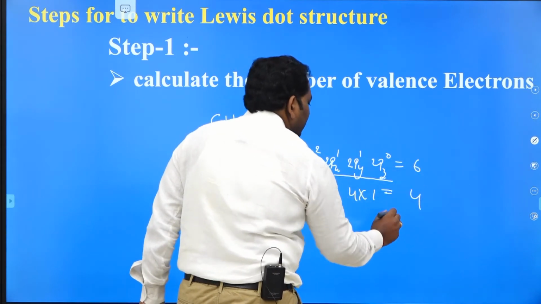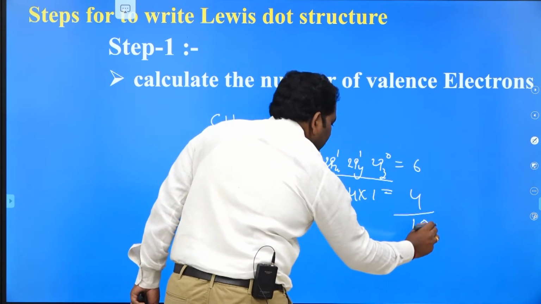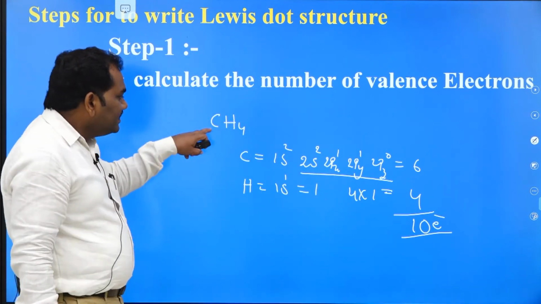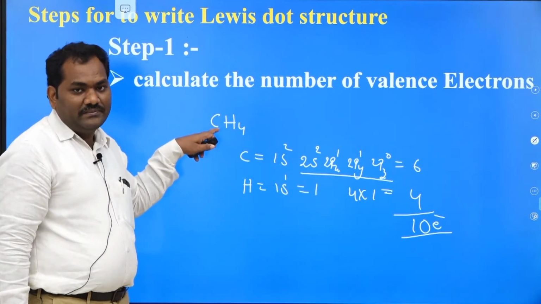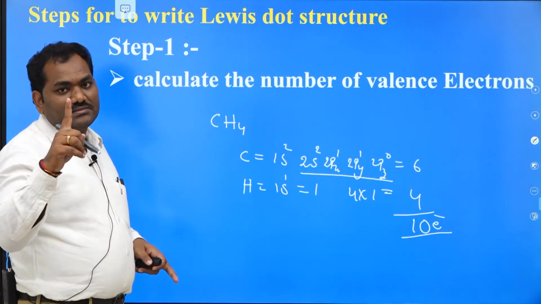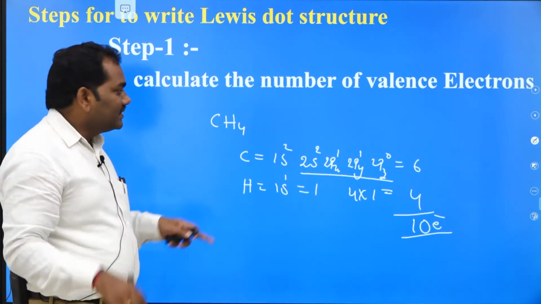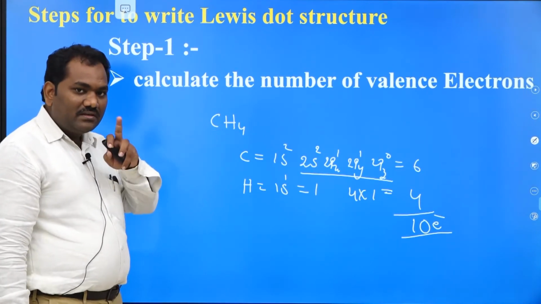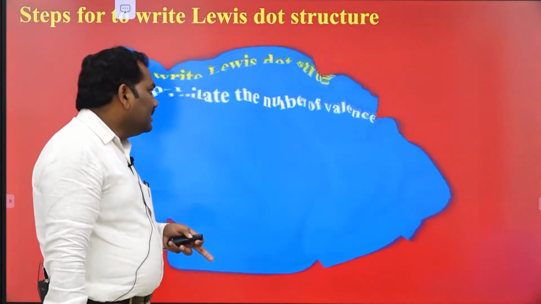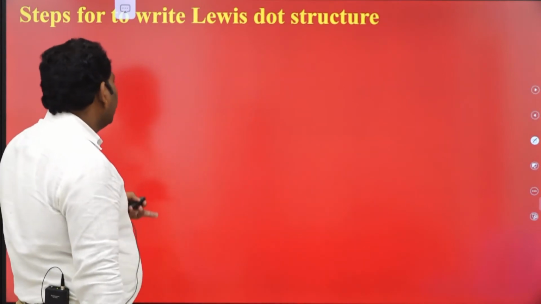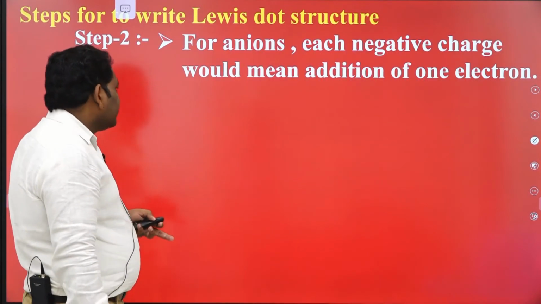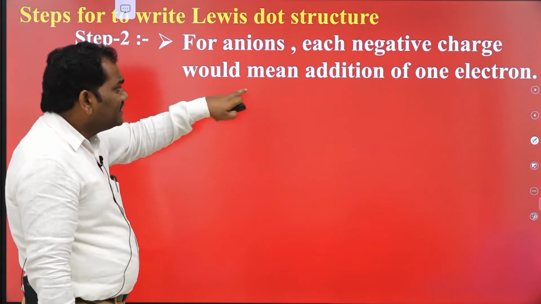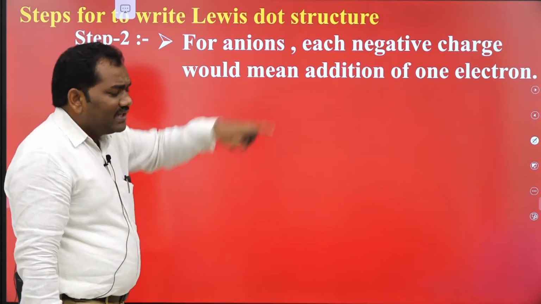Carbon contributes 4, so totally 10 valence electrons are present in this CH4 molecule. Clear?